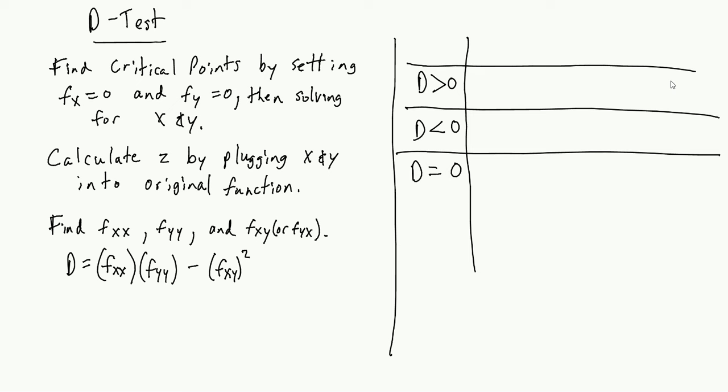If D is greater than 0, if D is positive, then the test actually follows the second derivative test, which was in Cal 1. In our book, that's section 4.1b. What you would do is look at the second derivative, more specifically f sub double x. If it is positive, you're going to have a local min. If it's negative, you're going to have a local max.